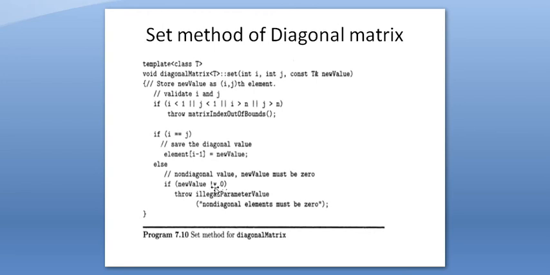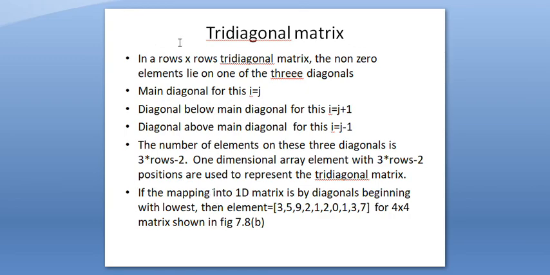If it's 0, then no problem, but since it should be 0, you cannot have non-diagonal elements with a non-zero value. That is the message that will be printed. This is about the diagonal matrix. Then we move on to the tridiagonal matrix.